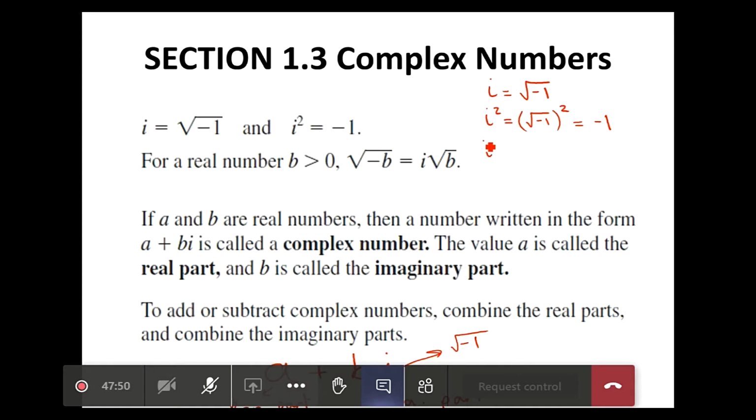Right. i to the power 3. What's the value of i to the power 3? I square equals -1. But i to the power 3.